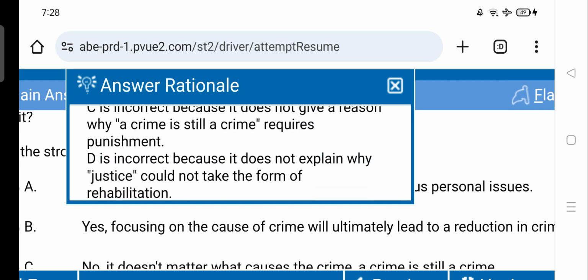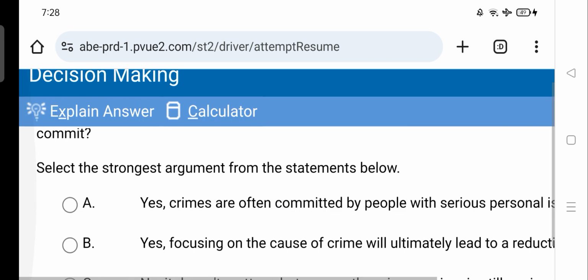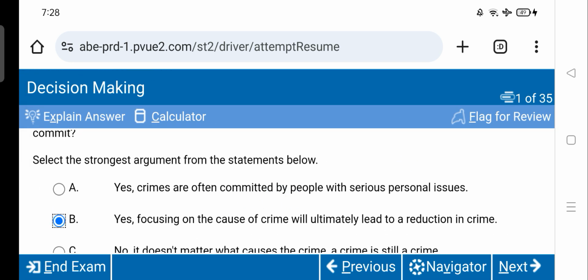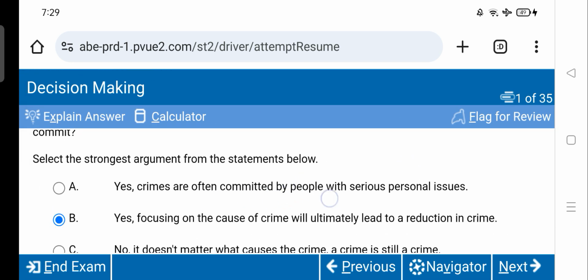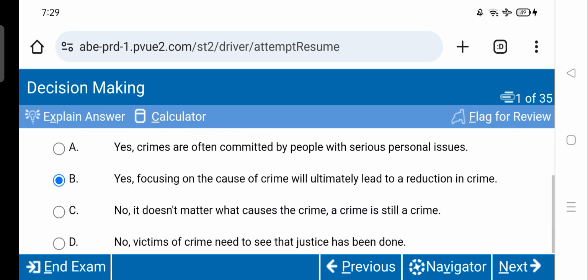Option D is incorrect because it does not explain why justice could not take the form of rehabilitation. So that's why option B is the correct option. This is the reason, or you can say the strongest argument related to the question.